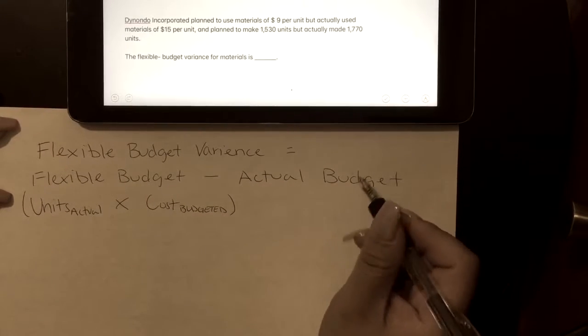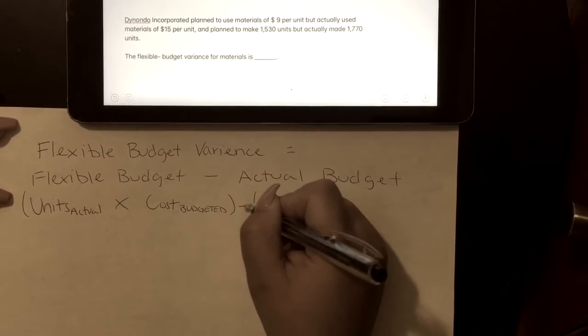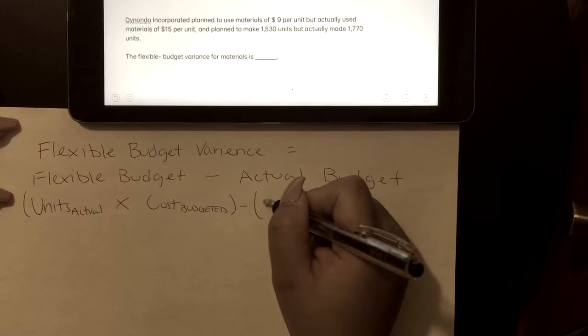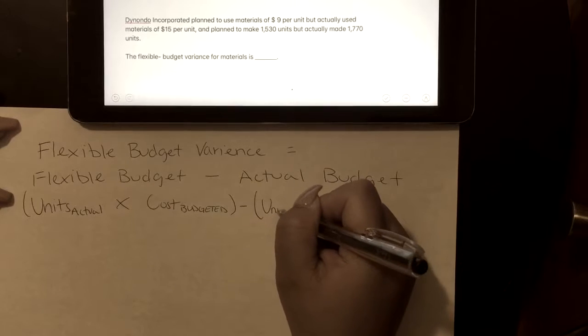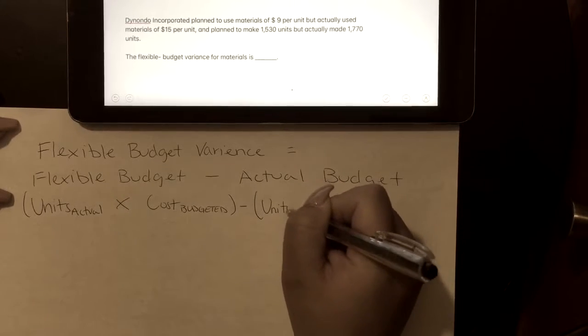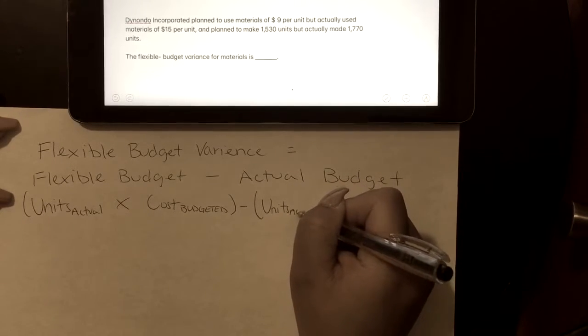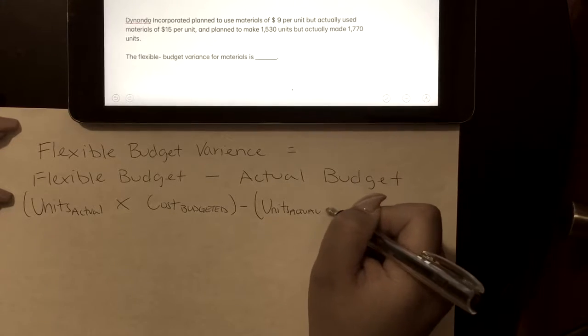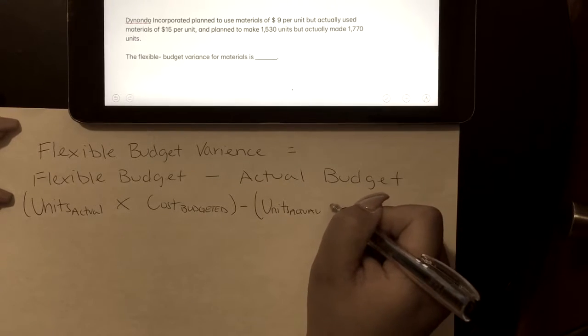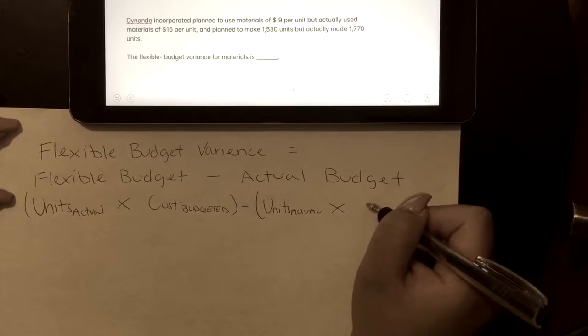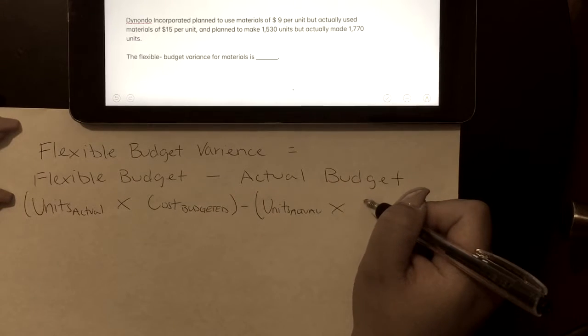And an actual budget is going to be the number of actual units multiplied by the actual cost.